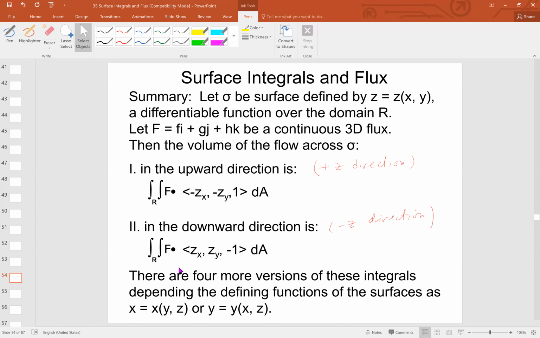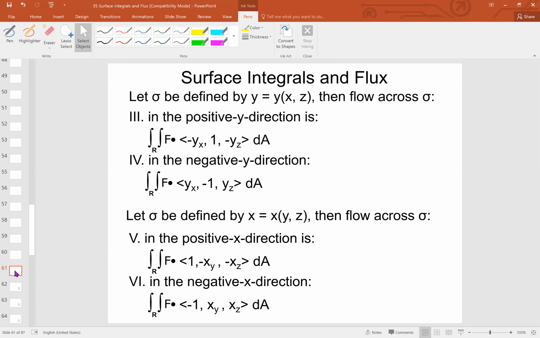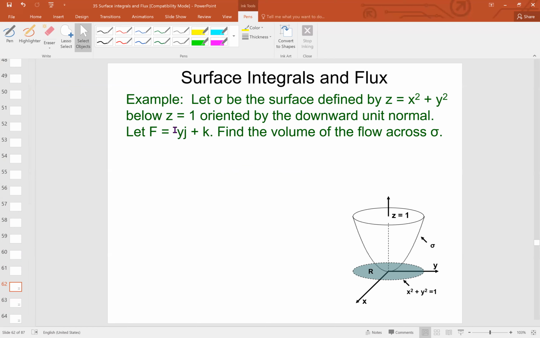So let's go to one calculation. We have a surface defined by x squared plus y squared, and that's a parabolic bowl below z equal to 1, so therefore it's only the bottom. We have that surface, and we'll have this flow field. There are no i components, only the j component y, and the k component is a constant 1.